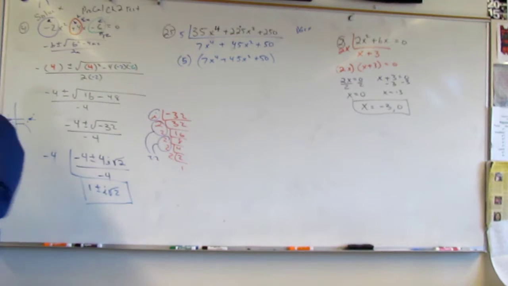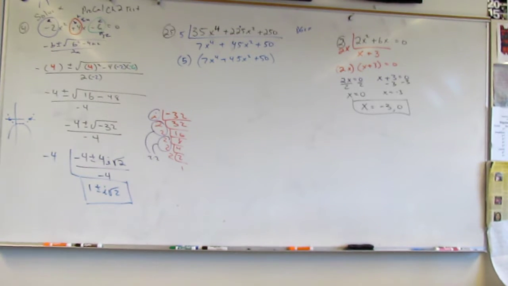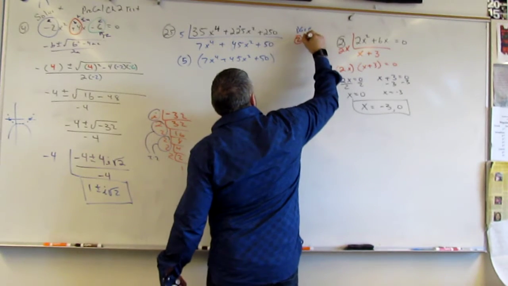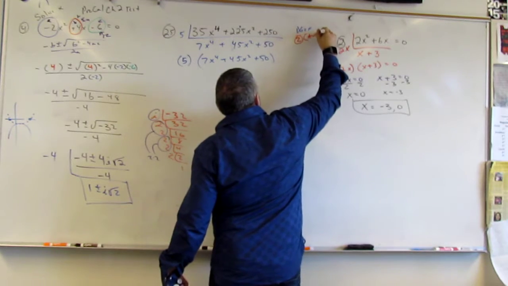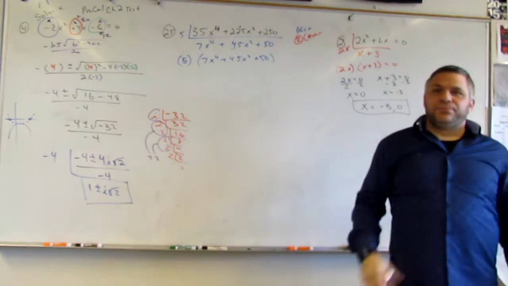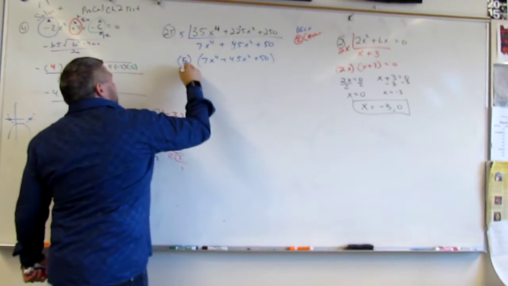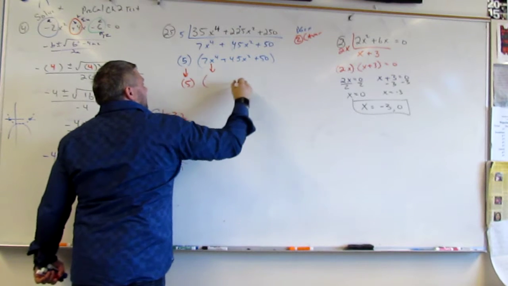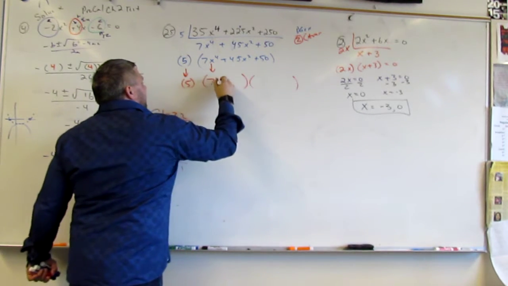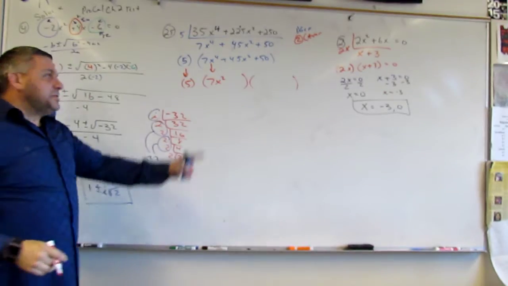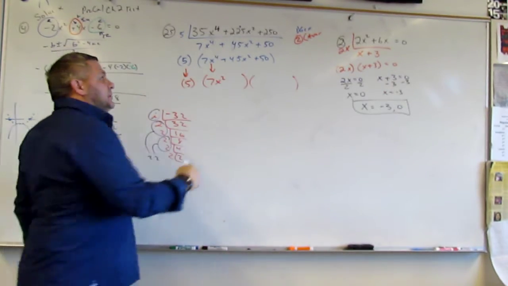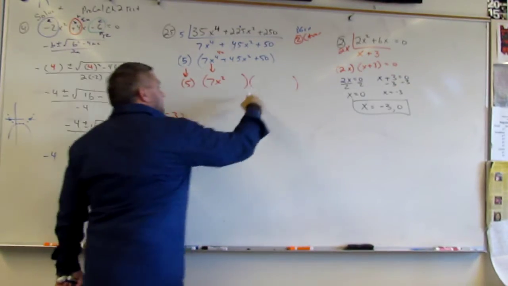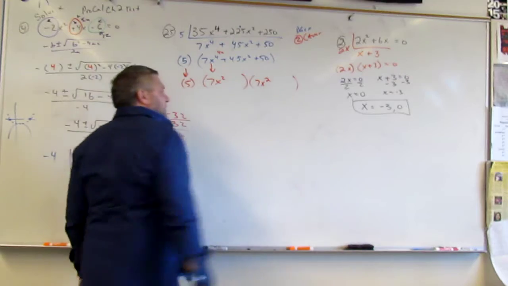Okay? And now we want to factor that last part. So what's the second step? Parentheses star variable, right? So we're going to pull this down. We're also going to pull this down, right? And go 7x squared. Remember, it's always half of that guy. Remember, half. Okay? And this is going to be 7x squared.